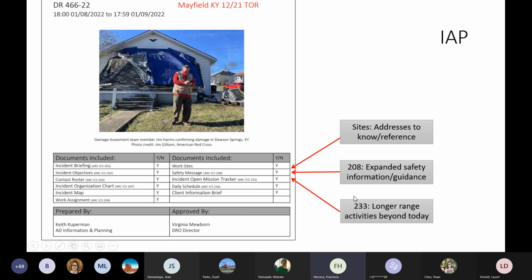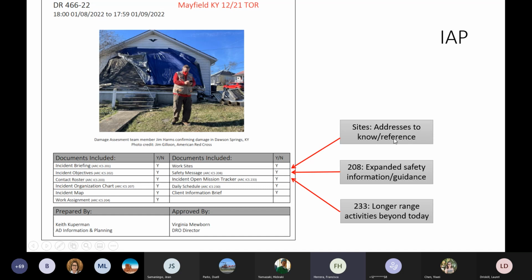Right, a few additional sheets that you'll find in this plan. There is a work sites sheet that is, again, not a standard incident command structure form. The work sites is a list of key addresses, addresses you commonly reference. More often than not, it'll include things like warehouses and other sites that are not the shelter locations listed in the 204s.